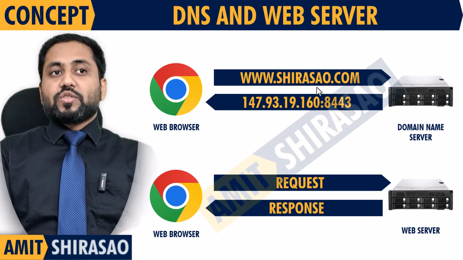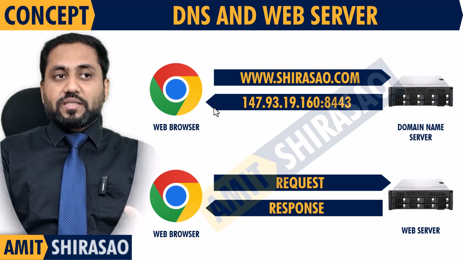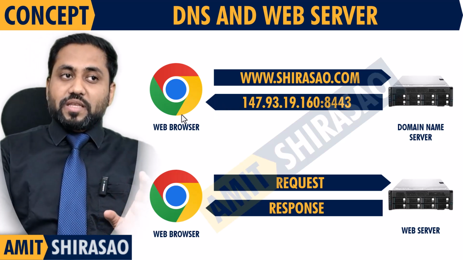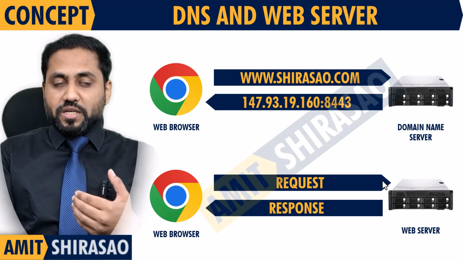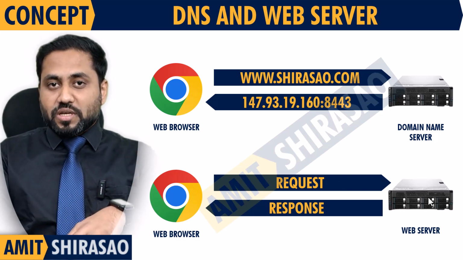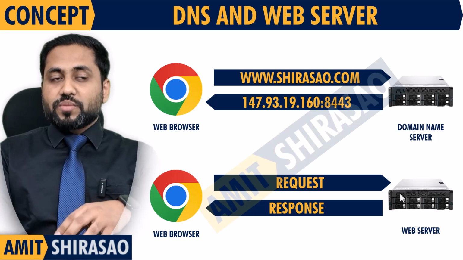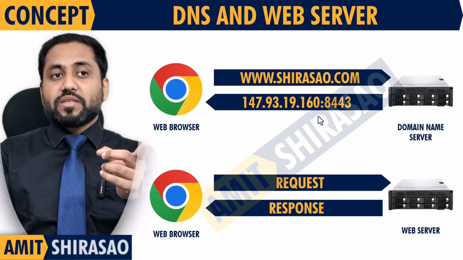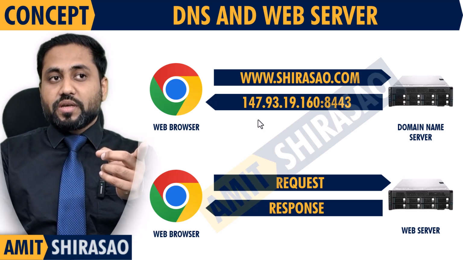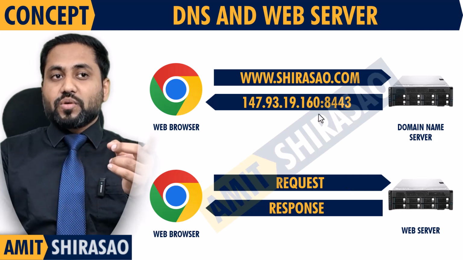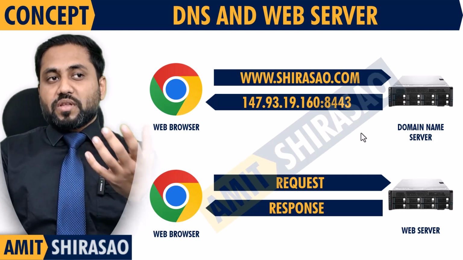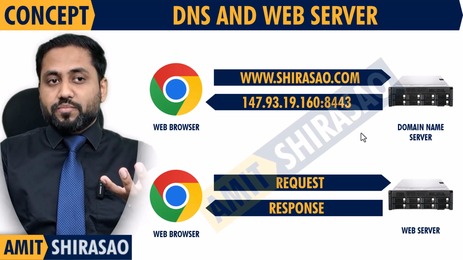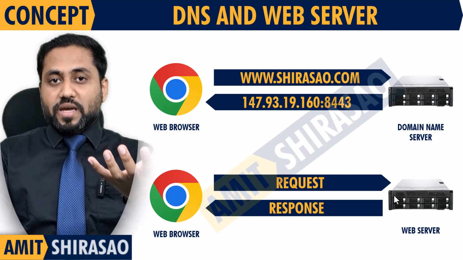Got the idea? So when it gets this information from the DNS, the browser sends a request for the web page to the web server, the web server whose IP is given over here. It says that on this port of yours, some application is hosted, please give me that application.